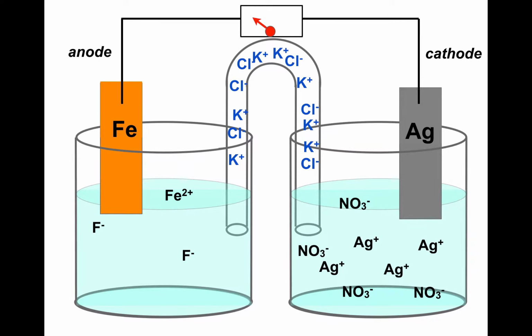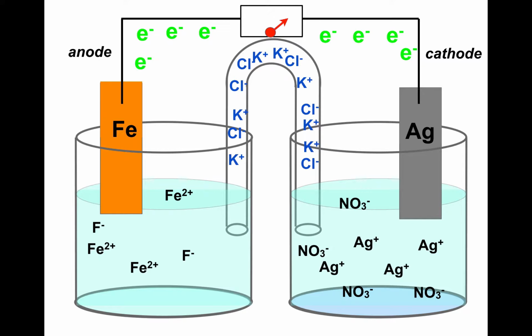All right, so as iron loses electrons, they travel through the wire, put work through the voltmeter, and go over to the cathode, where the silver plus ions grab them. So as the iron loses electrons, you're wearing down your iron strip. It's turning into iron 2 plus.